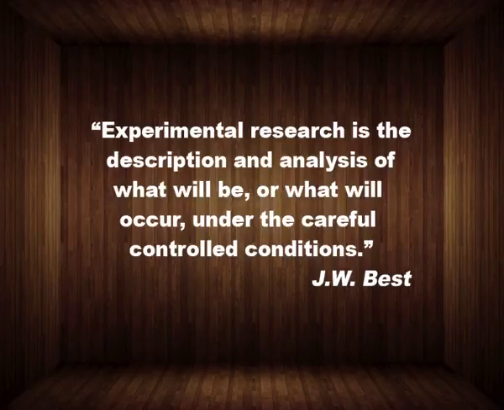According to J.W. Best, quote, "Experimental research is the description and analysis of what will be or what will occur under carefully controlled conditions," unquote. In experiments, there is always the attempt to establish certain cause and effect relationships through carefully planned and controlled observations of the subject's behavior.